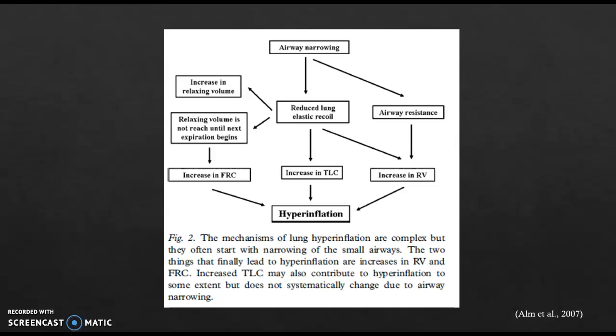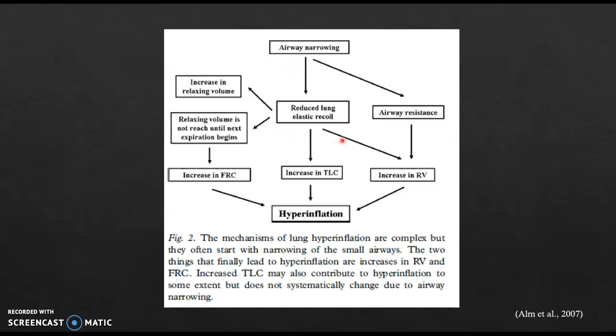So ultimately what this gets us to is that lung hyperinflation is complex, but it's definitely something that we have found correlates with COPD and the severity of COPD and how it's developing in a patient. Looking at this, you can have your airway narrowing. What does that cause?